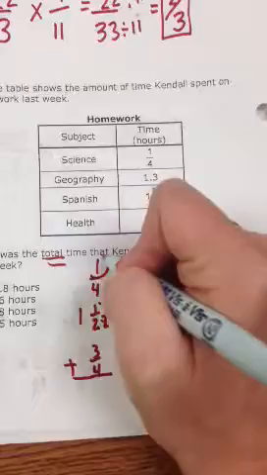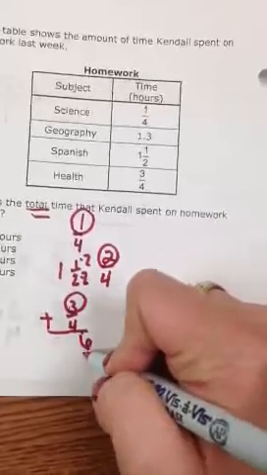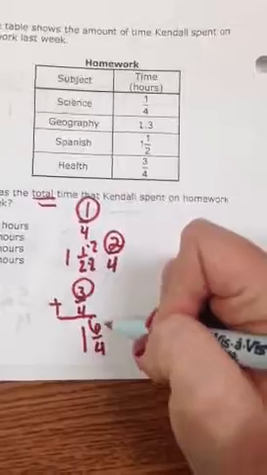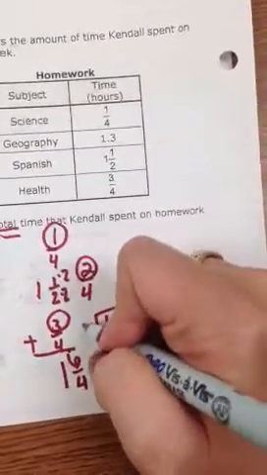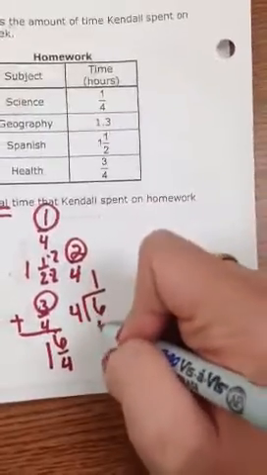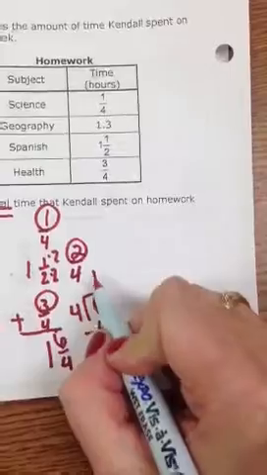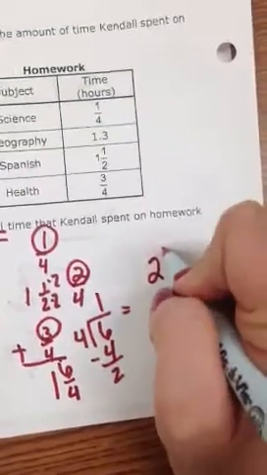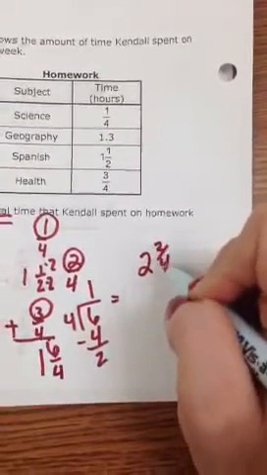And then I'm going to add my numerators. 1 plus 2 plus 3 is 6/4. And then I have your 1 whole, okay? Obviously, you want to simplify this, so I'm going to divide 6 into 4. Goes in once. And you have 2/4 left over. So 1 plus 1 is 2 and 2/4. Okay, or you could reduce this to 1/2.